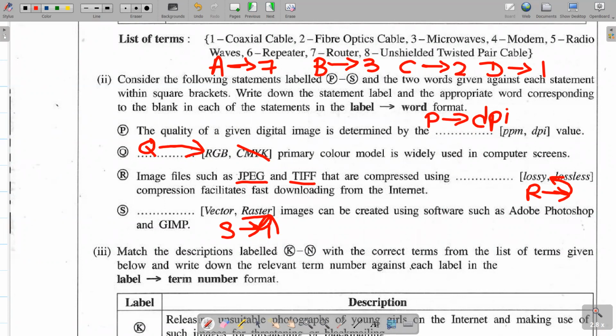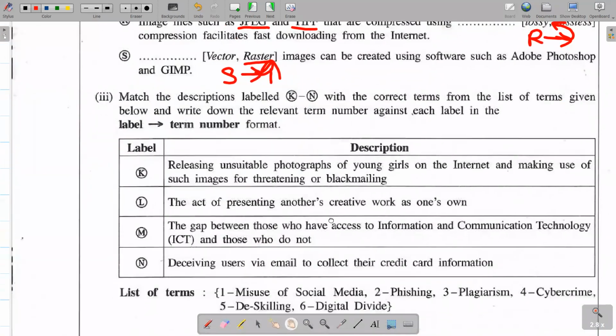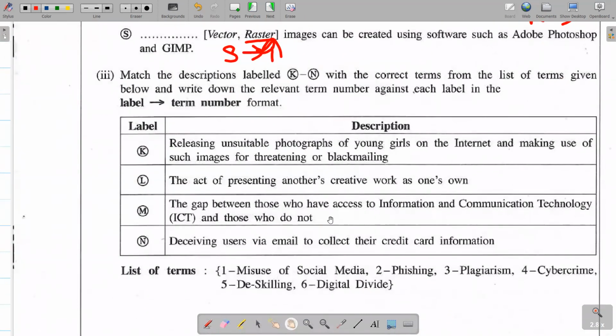In part 3, they are asking match the description labeled K to N with the correct term from the list of terms given below and write down the relevant term number against each label in label-term number format. So, label K says releasing unsuitable photographs of young girls on the internet and making use of such images for internet threatening or blackmailing.